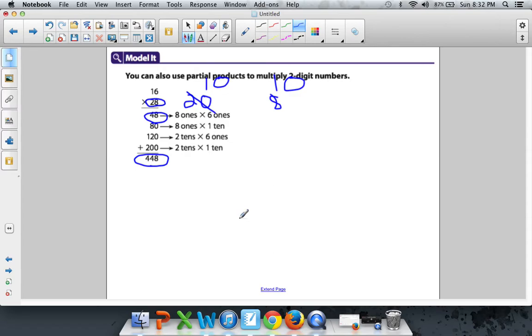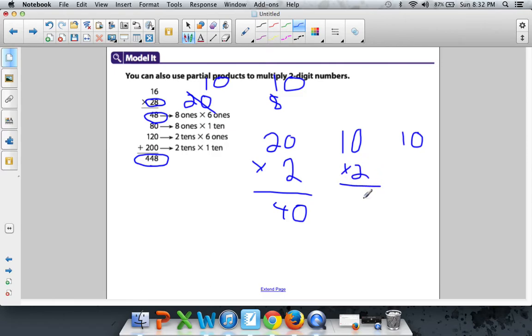Does it matter? Well, let's try that. Think about what 20 times an easy one is. 20 times 2 is 40. Now imagine if we split it up and did 10 times 2. 10 times 2 is 20. And then we did 10 times 2 again and added it. 10 times 2 is still 20.